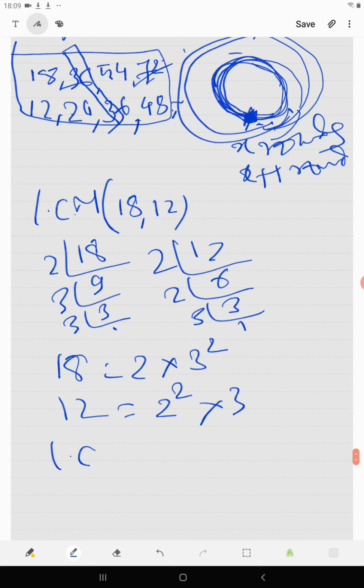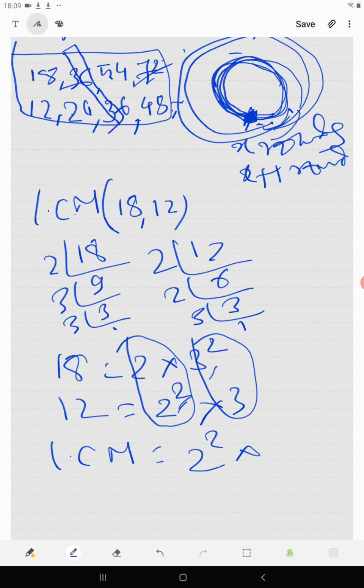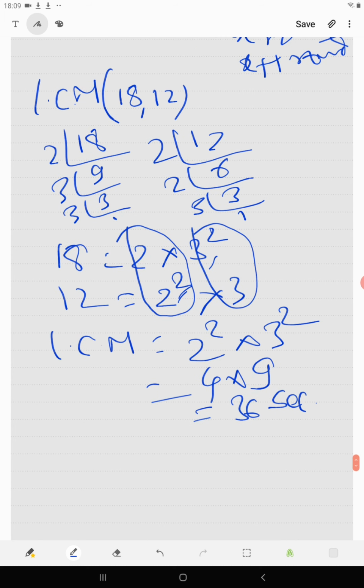So the LCM: what is the highest power of 2? 2 square. What is the highest power of 3? 3 square. So 2 square is 4, 3 square is 9, so it is 36 seconds. At 36 seconds they will meet again at the starting point. So my answer is 36 seconds.